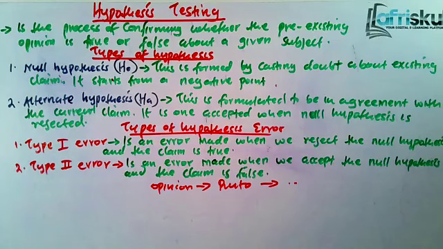Then let's go to the types of hypothesis error. Now, when we're making this hypothesis, we have two types of error we can make. One is type 1 error, and two is type 2 error. Type 1 error is an error made when you reject a null hypothesis when the claim is true.